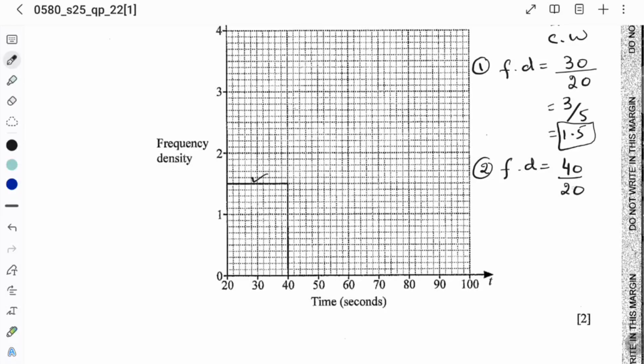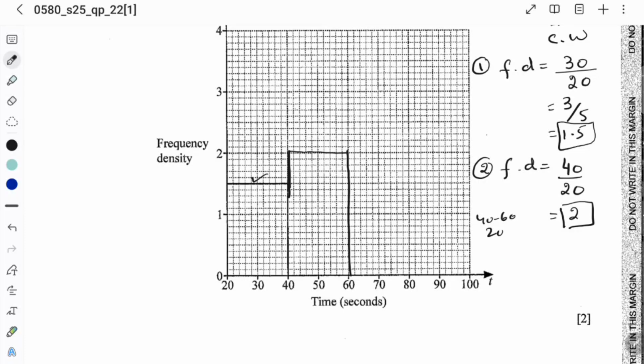Why 40? Because 40 is the frequency and the class width is 20. The class width for 40 to 60 is 20 numbers. So the zeros cancel, only two. So make 40 to 60 at 2.